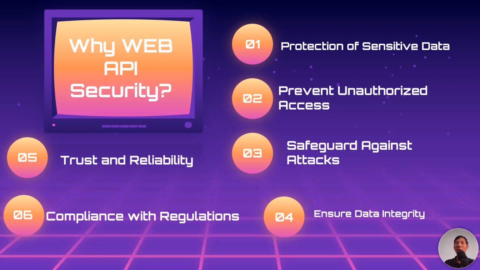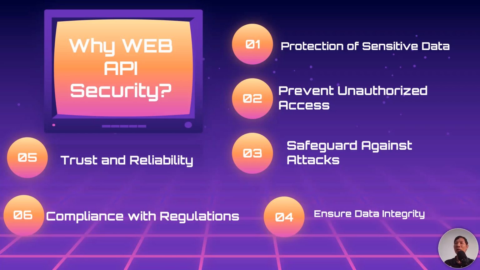And number four is ensure data integrity. We need to make sure that the data sent and received between our systems stays intact. And number five is trust and reliability. Our API needs to earn the trust of users and ensure reliability between our parties.